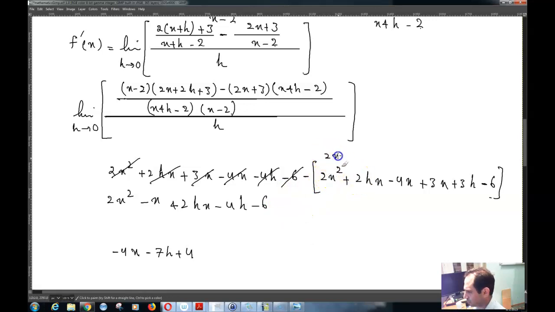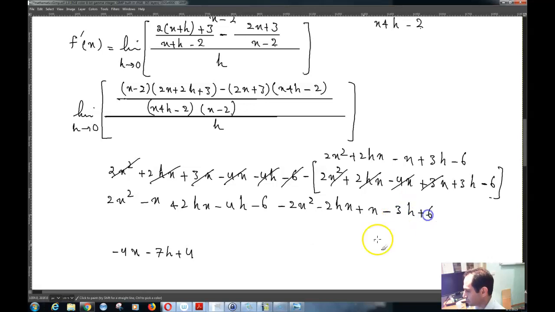Now here you have 2x squared plus 2hx, and here you have negative 4x plus 3x is negative x plus 3 times h minus 6. Multiply the negative sign by this, you'll get negative 2x squared, negative 2hx plus x minus 3h plus 6.